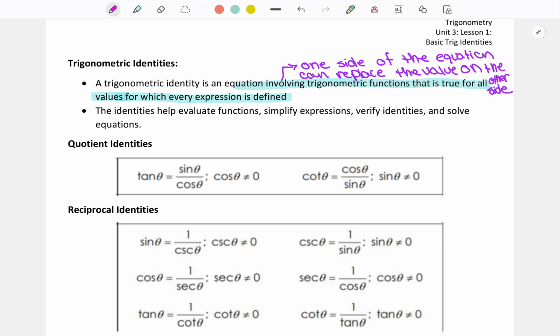So today we are going to be talking about the most basic identities. So first you have our two quotient identities, and these have to deal with tangent and cotangent. Our quotient identity for tangent of theta is sine over cosine, and this is just like the unit circle.